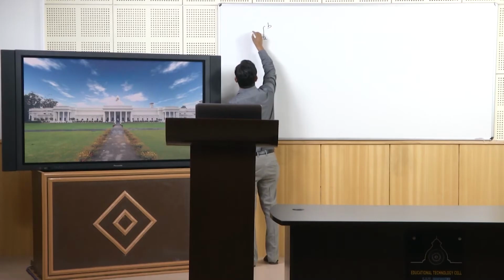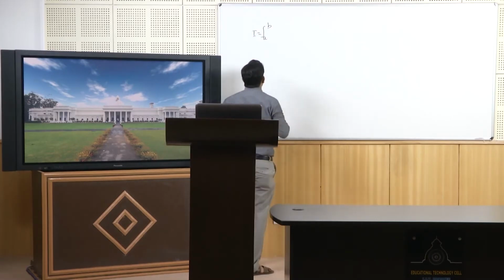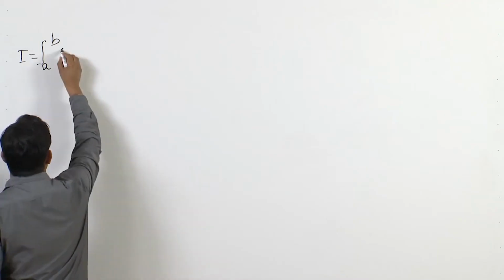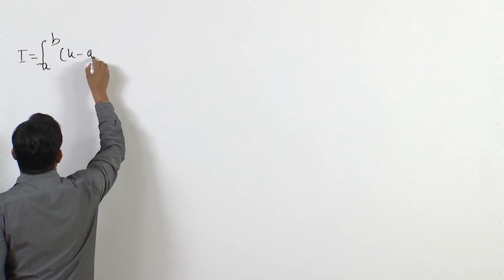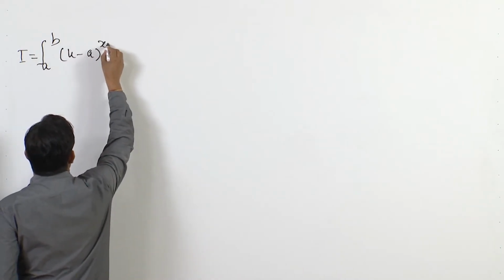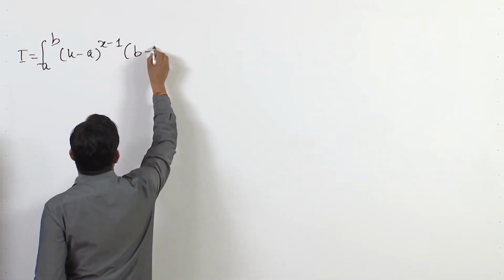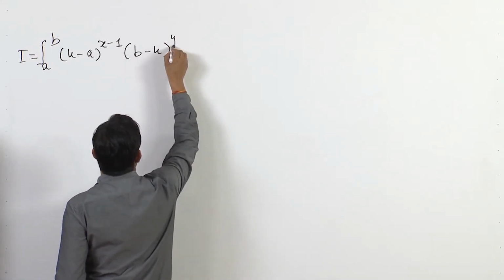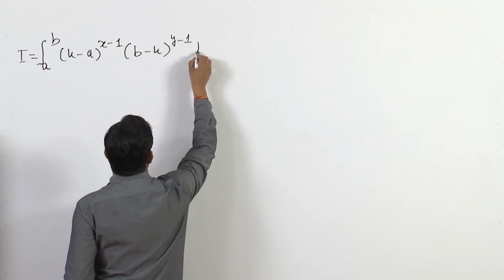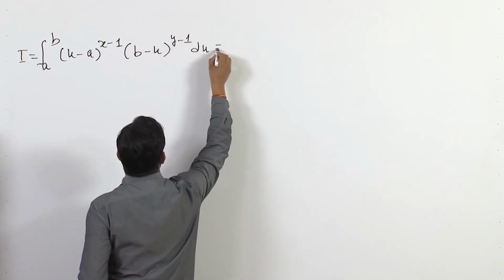So the integral I equals the integral over a to b of (u minus a) raised to power x minus 1, (b minus u) raised to power y minus 1, du.